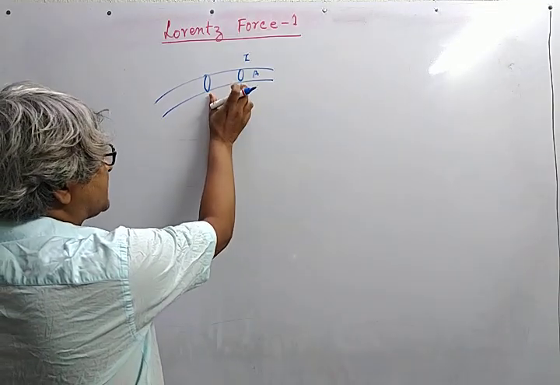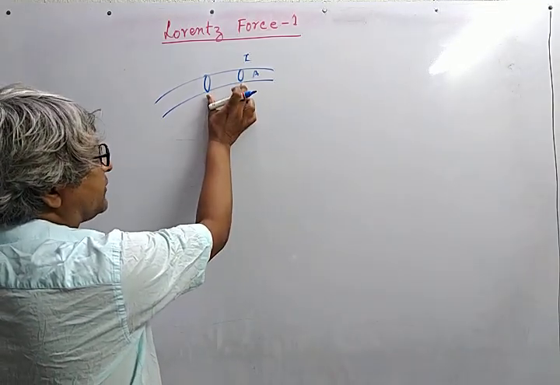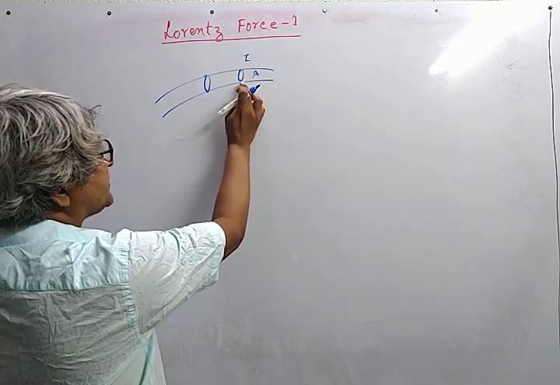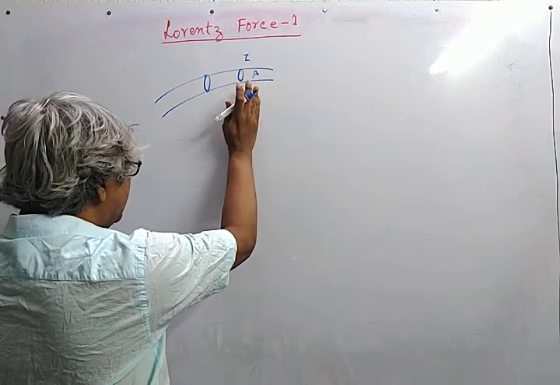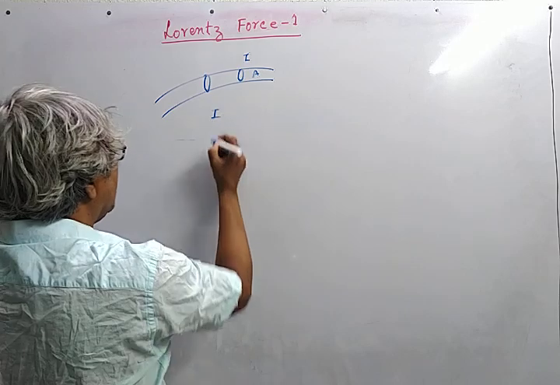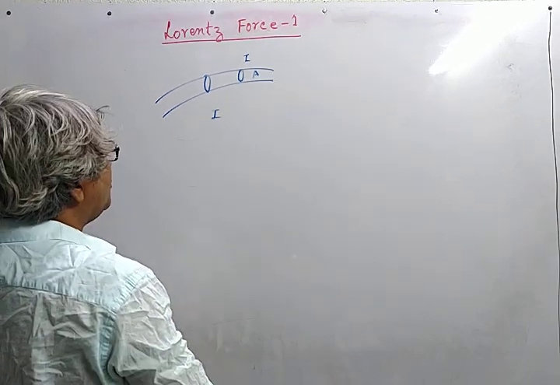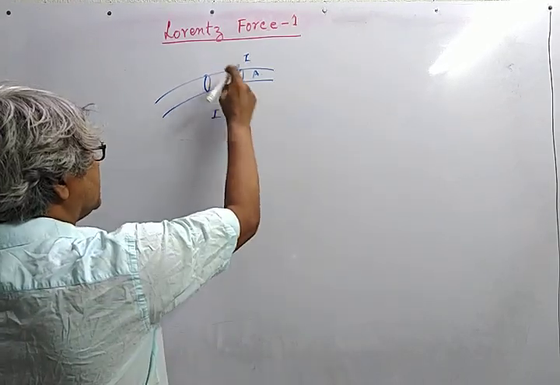Then all the charges within a cylinder of length v cross a cross section in unit time. That is to say, I is equal to the number of charges within it.